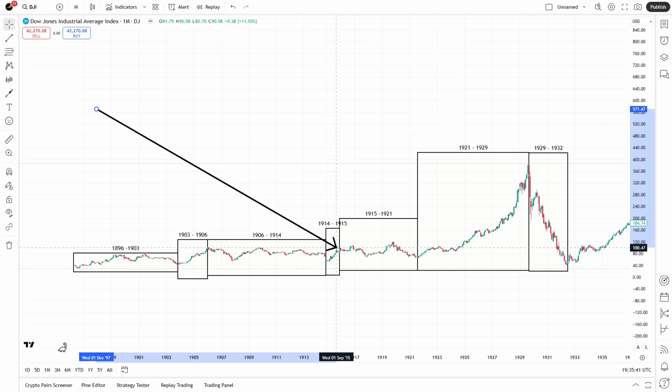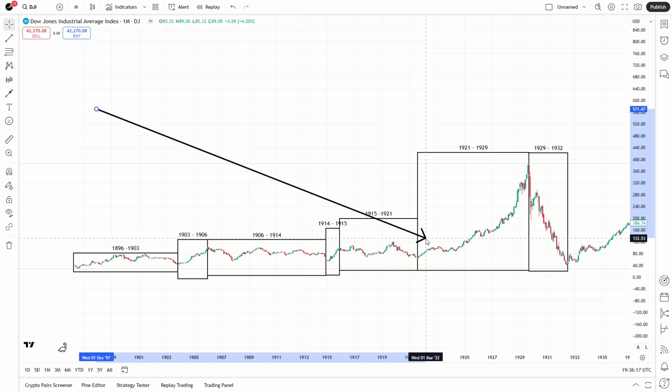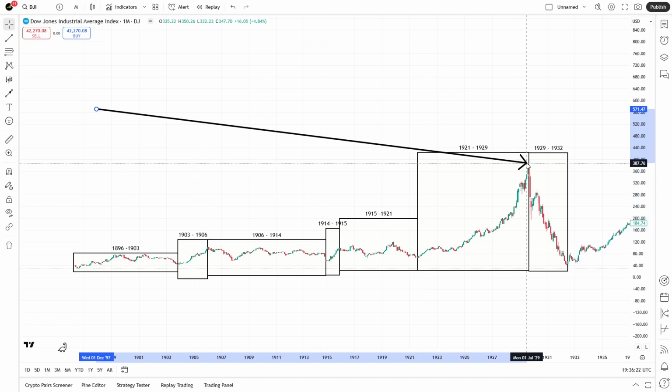It moves up from 1914 to 1915, and then from 1915 to 1921, it enters into another zone. So from 1921 to 1929, it's very easy to pick this one out as it moves up in a parabolic fashion to a peak. And then from 1929 to 1932, it moves down aggressively to a trough.